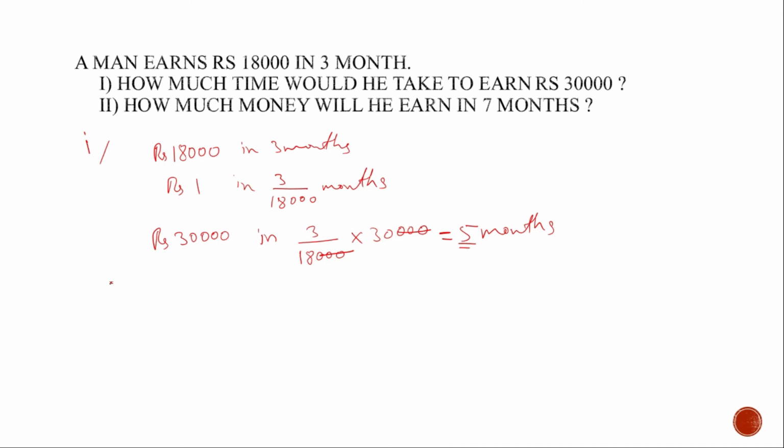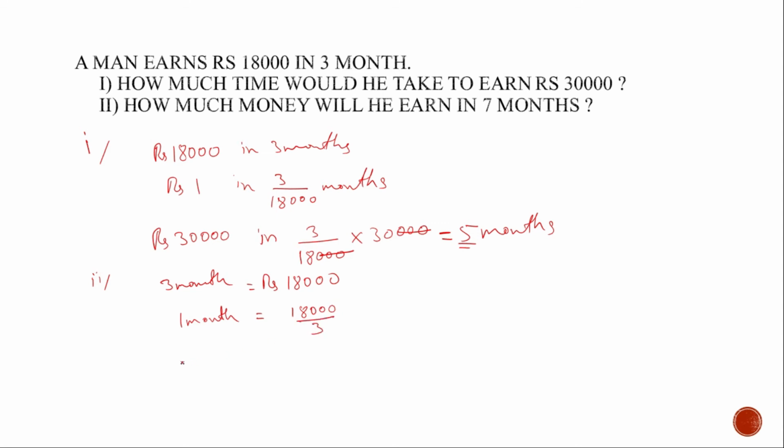Now in number two, how much money will he earn in 7 months? That means here we will write the opposite. That means in 3 months he earns rupees 18,000. So in 1 month, how much money will he earn? 18,000 by 3.